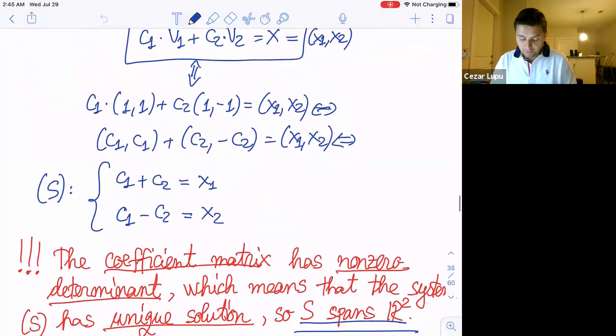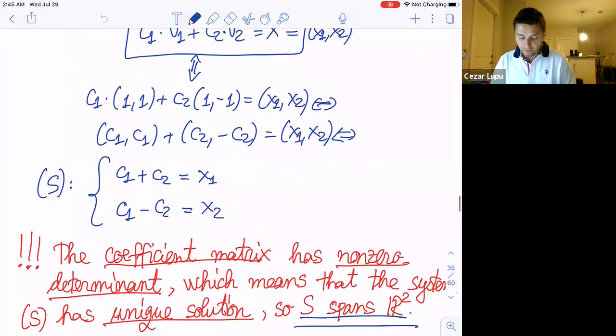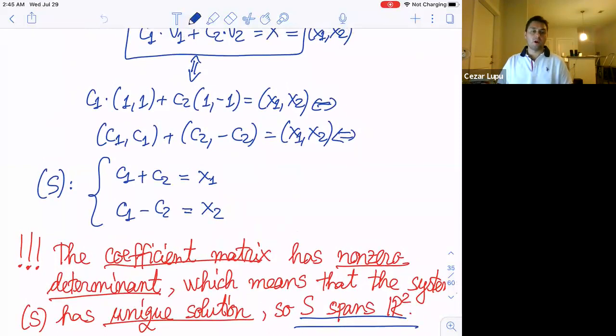Well, we have the following important fact that you need to know. The coefficient matrix associated to this system has non-zero determinant. So this means that the system S has a unique solution. In other words, this will imply that S will span R2.